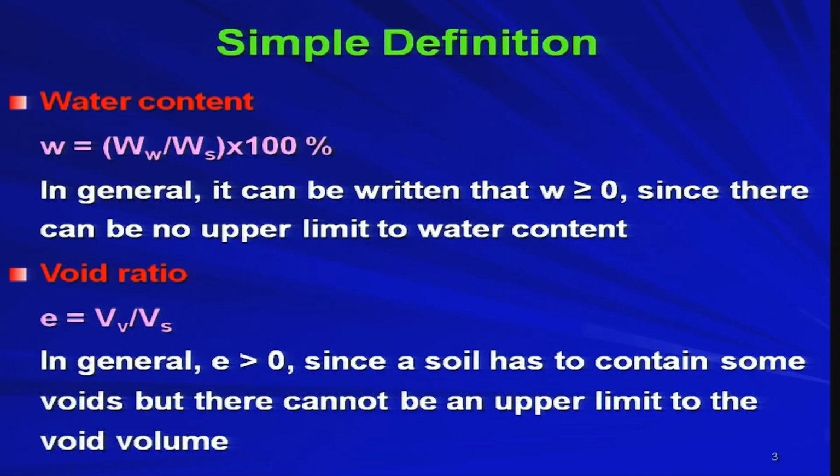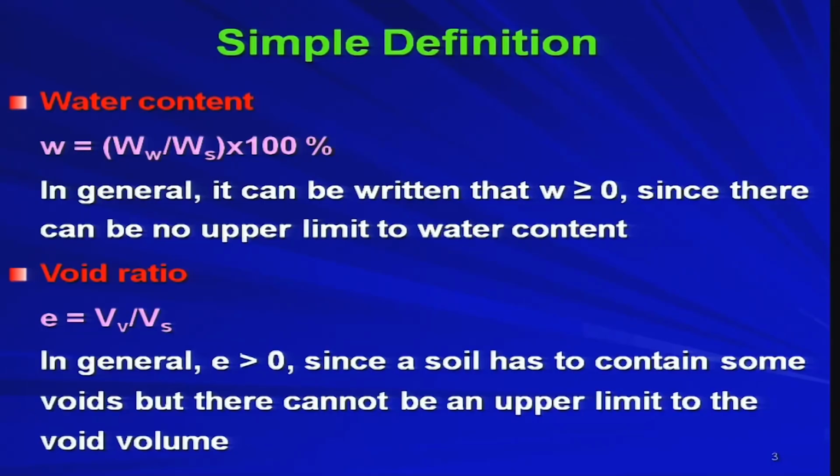In general e is greater than 0. Of course, e cannot be equal to 0, because your Vv cannot be 0. Any soil matrix you consider should have some Vv, so e must be greater than 0. Since a soil has to contain some voids, it is quite obvious that you cannot have any soil matrix which is voidless.